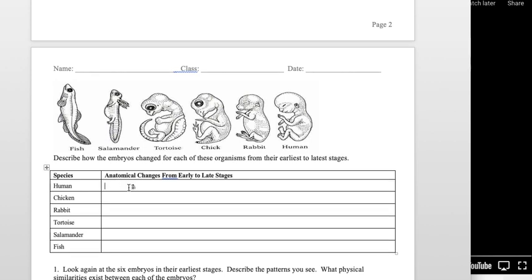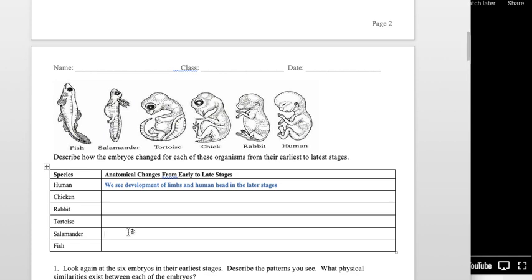So it appears that in the human, we see development of limbs in the later stages.